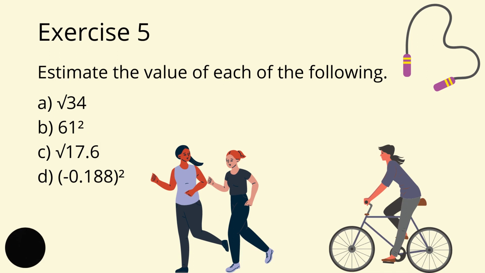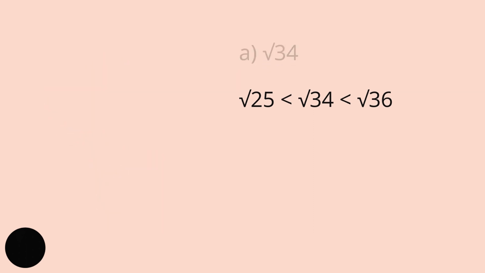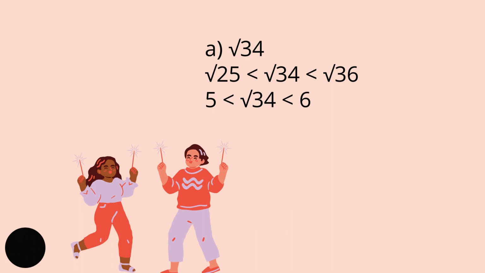Exercise 5. Estimate the value of each of the following. A. Square root 34. So 34 is not a perfect square. We have to find the perfect squares nearest to 34, which are square root 36 and square root 25. Square root 25 equals 5 because 5 multiplied by 5 equals 25.